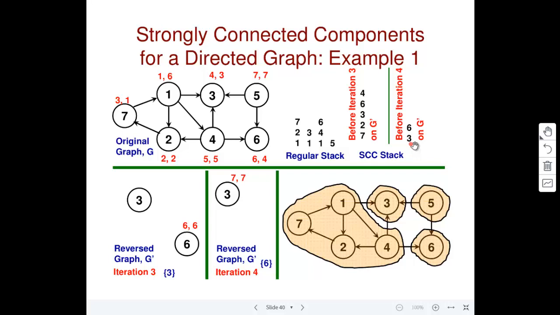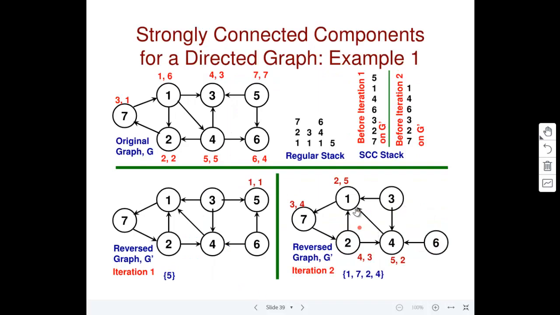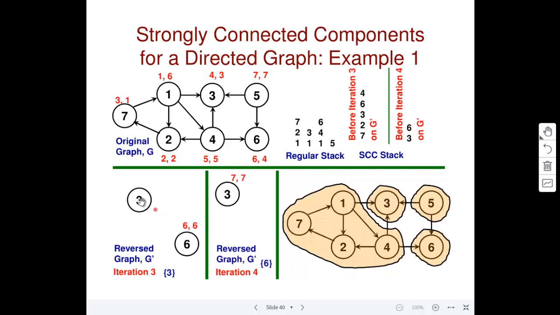Now you should also remove the vertices and their associated edges from the given graph. So remove 1, 7, 2, 4, which means all the edges associated with them will go away. After that, we'll be left with just 3 and 6, with no edges.